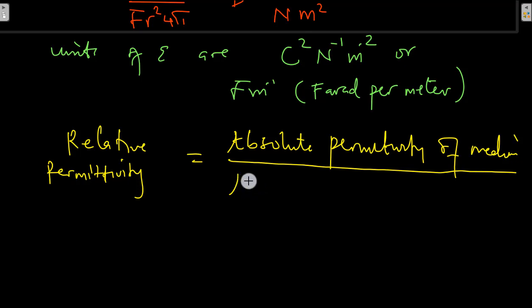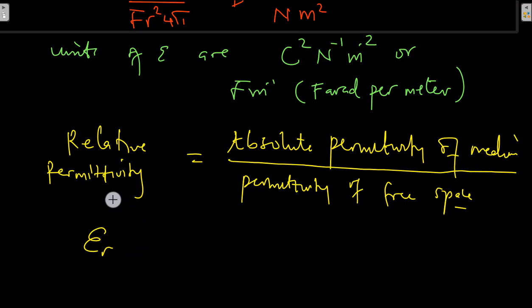So this is divided by the permittivity of free space or the permittivity of vacuum or air. Let us use epsilon r for relative permittivity. The absolute permittivity is epsilon and the permittivity of free space is epsilon naught.